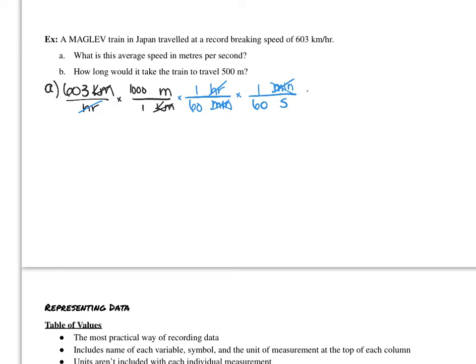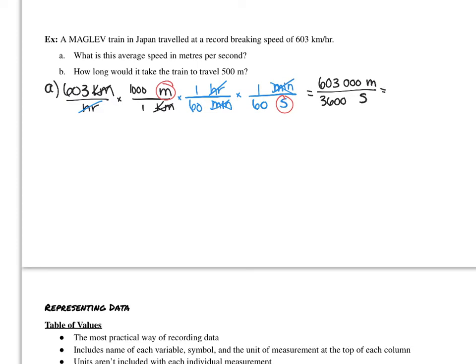When we multiply all the way across the top, we get 603,000, and the only unit left that we have not canceled is meters up top. And we divide that by 1 times 60 times 60, which is 3,600. The only unit we haven't canceled is seconds on the bottom.